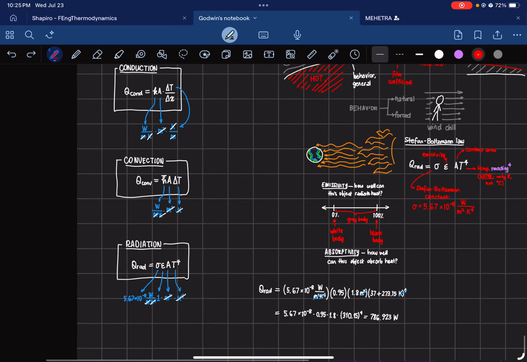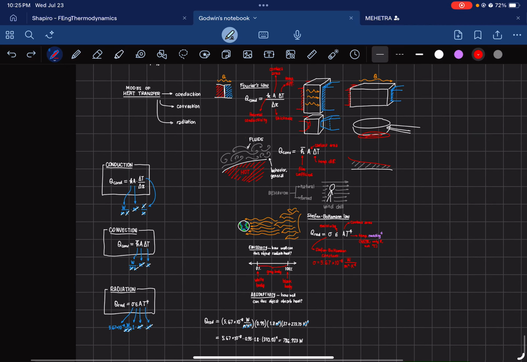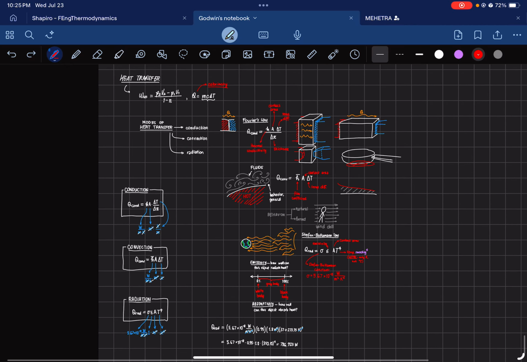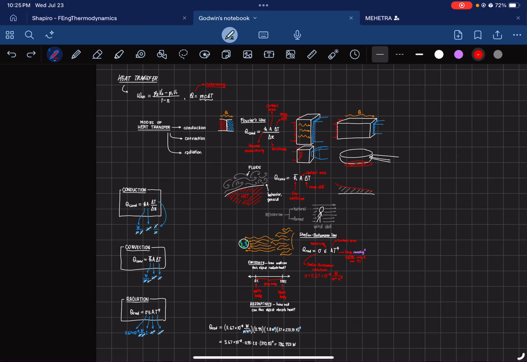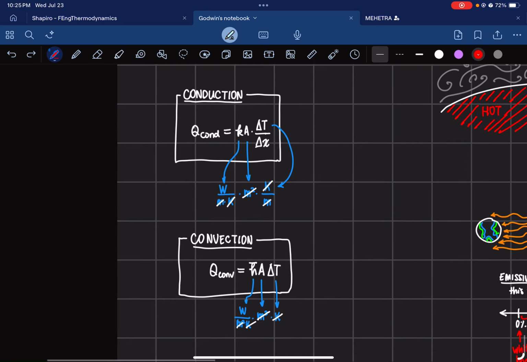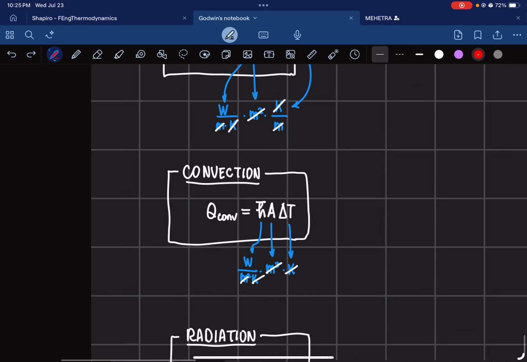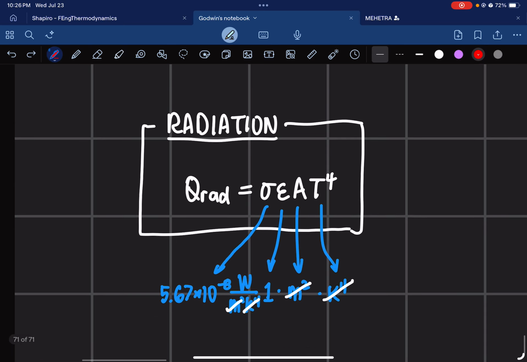But anyway, that is very basically how to think about and how to use the 3 modes of heat transfer. Conduction for solids, convection for liquids or fluids in general, and radiation for basically anything that has temperature.